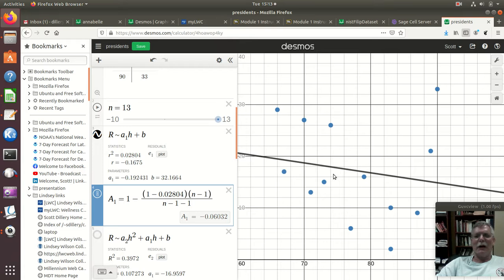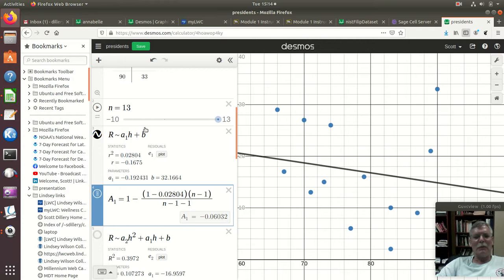This straight line only accounts for about 3% of the total variation in there. And so when we do our blowing up of the unexplained part by n over n minus 1 over n minus 1 minus 1.